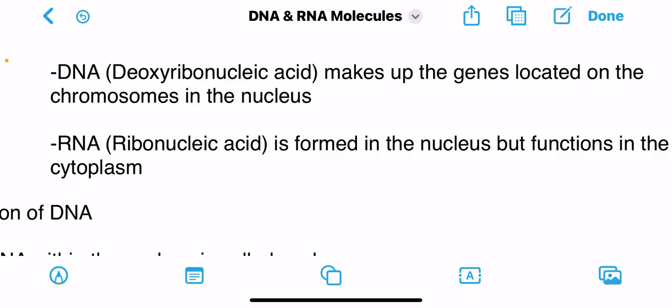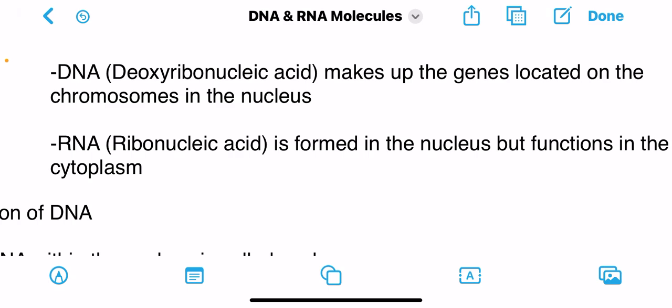As I told you, the DNA makes up our genes, which are responsible for how we look. So it says DNA is deoxyribonucleic acid, which makes up the genes located on the chromosomes in the nucleus. As I've told you before, the DNA is found where?